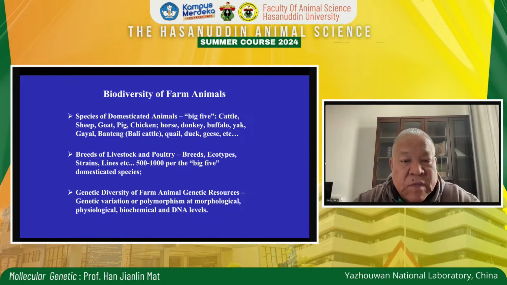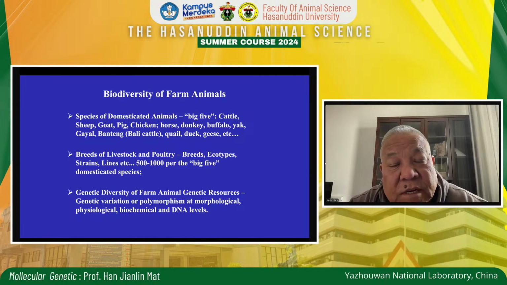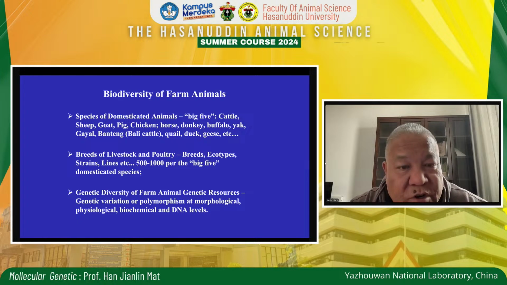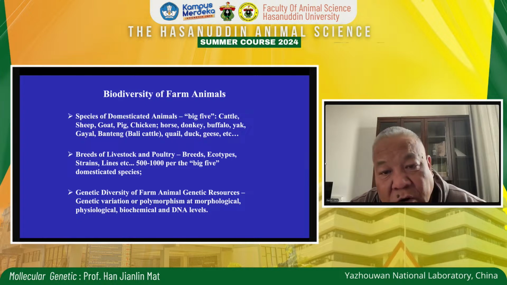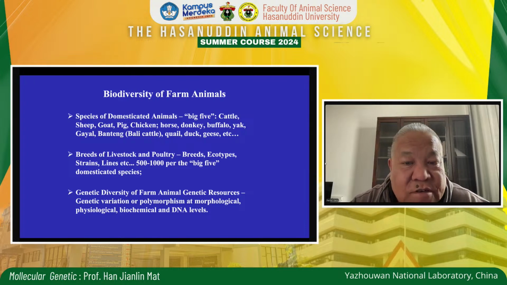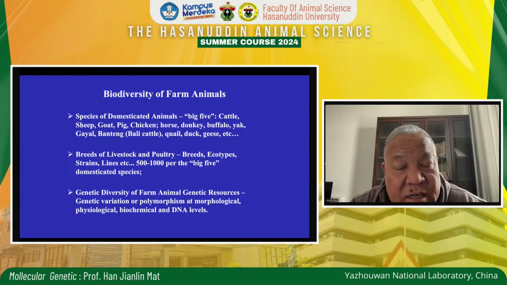Today we are still researching why species like cattle, sheep, goat, pig, chicken, horse, donkey, buffalo, quail, duck, geese, etc. were selected and successfully domesticated by our ancestors in different parts of the world. This is still a scientific question to be answered.